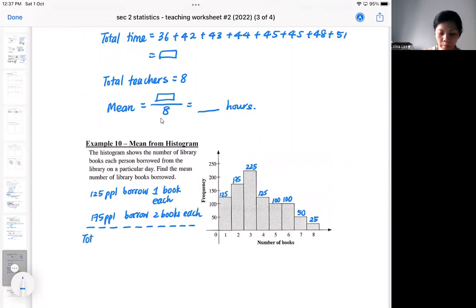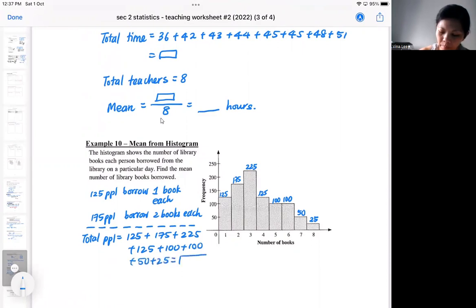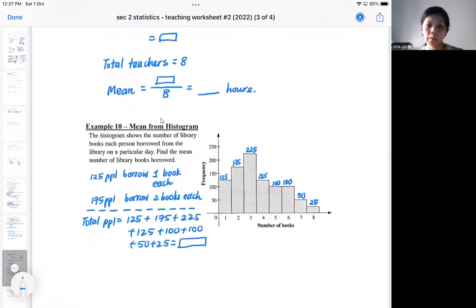So you need to do your separate calculation first. How many people are borrowing books? The people borrowing books are just the frequency. So you add up all the frequencies. It's actually quite easy, not much algebra, except that you might punch wrongly. So these are the number of people borrowing books.